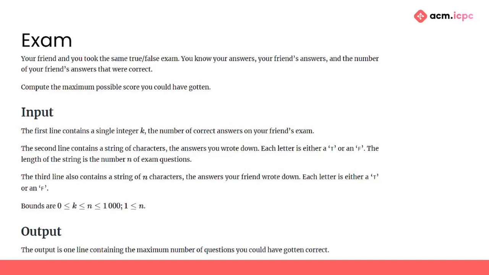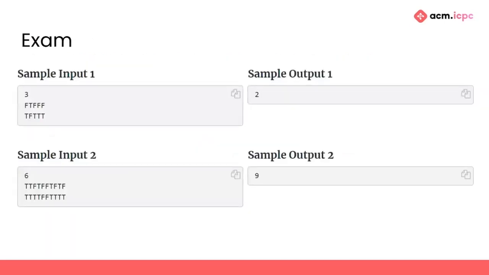To get a better understanding of what this problem is saying, you can take a look at the sample input and output. The first one is pretty short and intuitive. The first line, 3, tells you that your friend got 3 answers correct on the exam. The second line is the string containing your solutions.